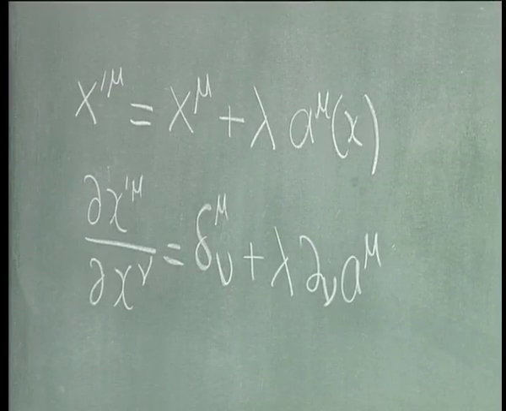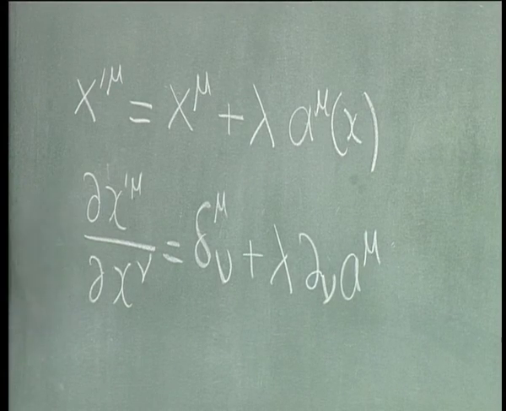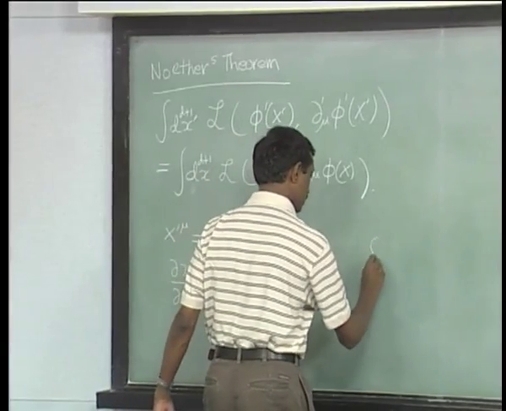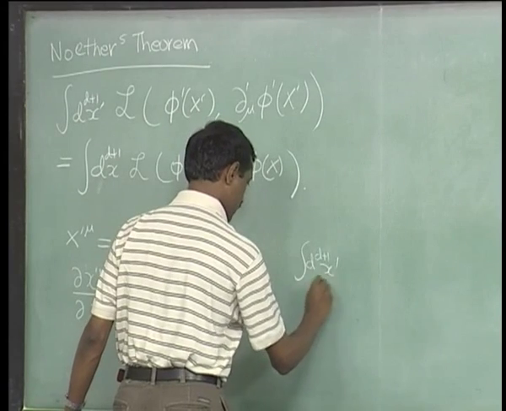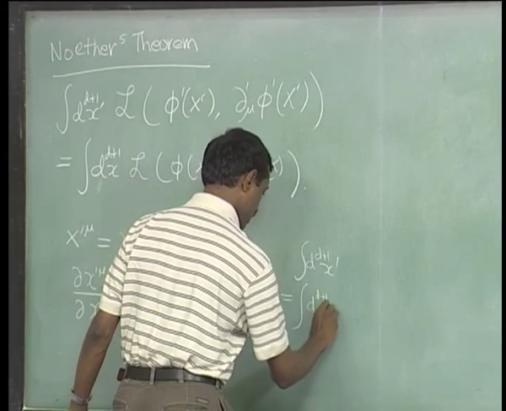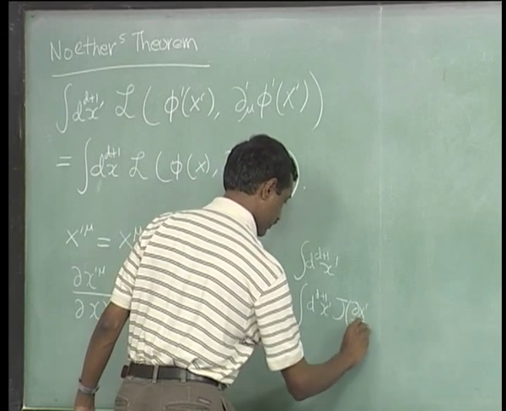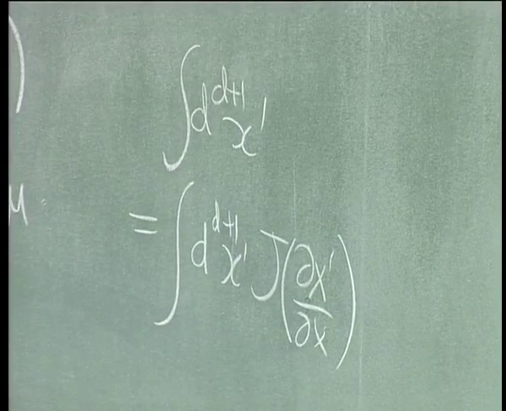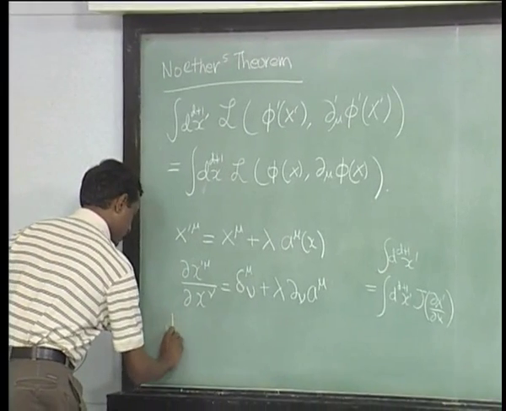We need to work out the determinant of the Jacobian, because the integral of d^(d+1)x prime, this measure, will be equal to the integral of d^(d+1)x, times the Jacobian, by which I mean just the magnitude of this determinant. Okay. So, we need to work out that.